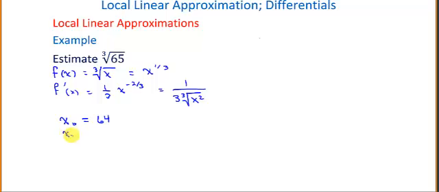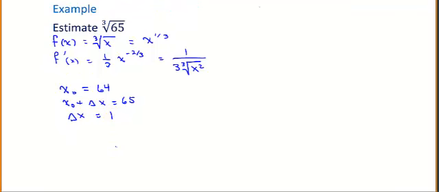Our x0 plus delta x is the value at which I'd like to estimate this. That would be 65. Well, if x0 is 64 and x0 plus delta x is 65, that means that delta x must be 1.